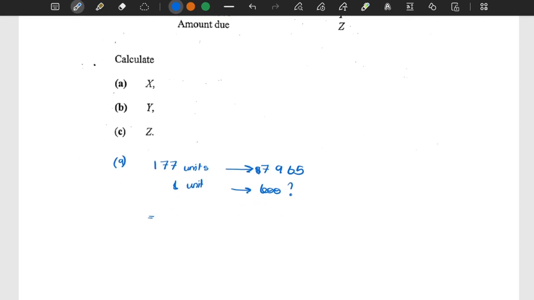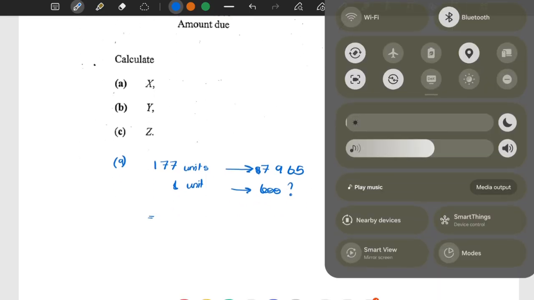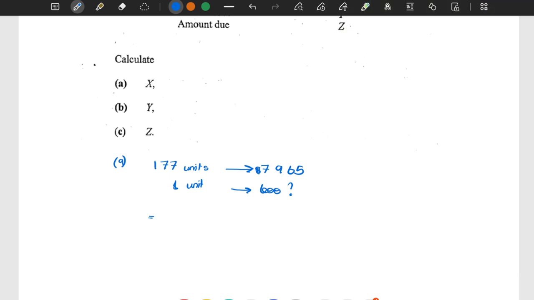So that will be 1/177 times 7,965, and then we do the division.